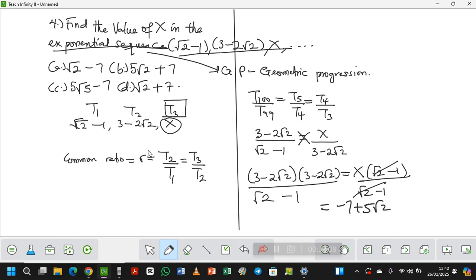I think it should be option C; maybe it is 5 root 2 they want to write. Either they made a mistake or the option B has the minus. So this is the final answer: 5 root 2 minus 7. That's everything you seek for. I wish you best of luck in your exam.